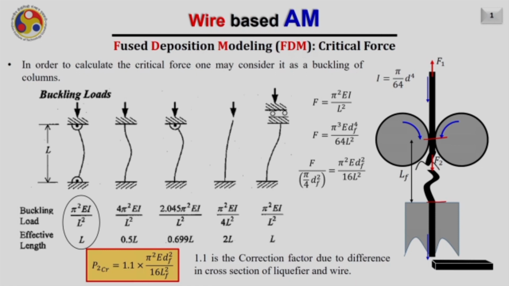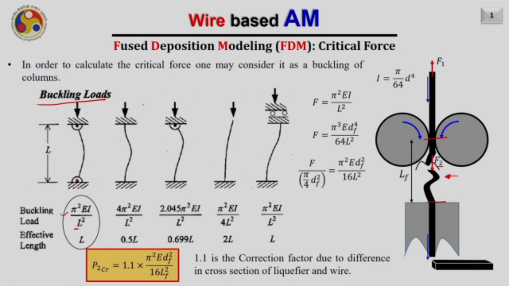This value, we know, should not exceed the value beyond which buckling may occur in the column of the wire shown here. For that we already know that if the buckling load is applied for different end conditions of the column, different critical values of the buckling load can be obtained. Like for the column which is pinned at both ends, the critical buckling load is pi square EI by L square, where L is the effective length.